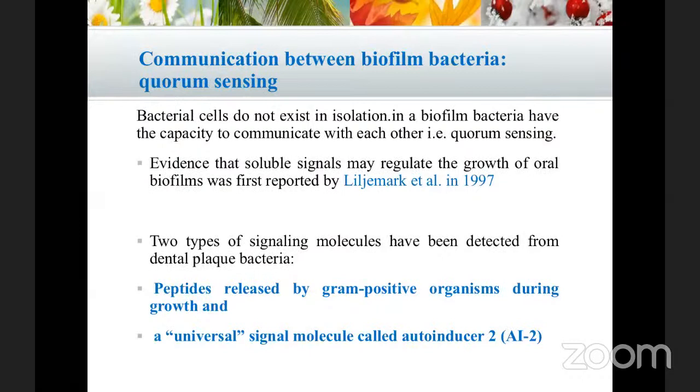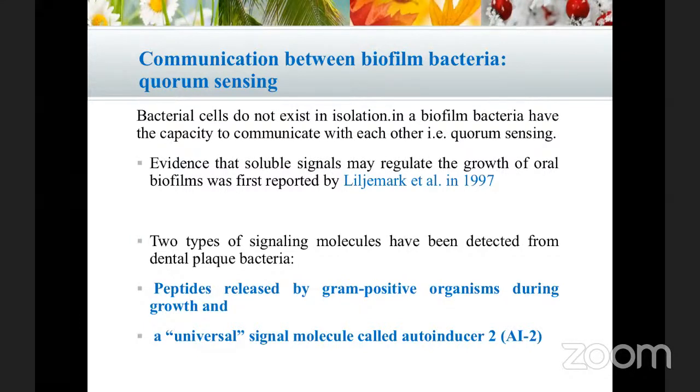What is the importance of this biofilm? We all know there is communication within the biofilm. Bacterial cells do not exist in isolation. In a biofilm, the capacity to communicate with each other is known as quorum sensing.